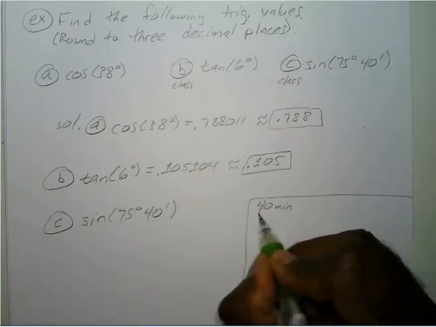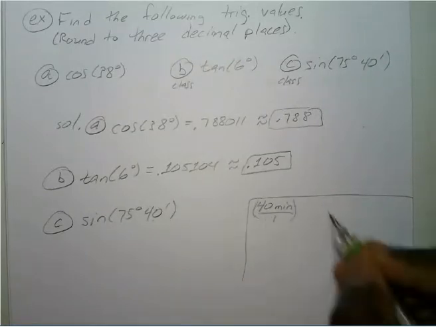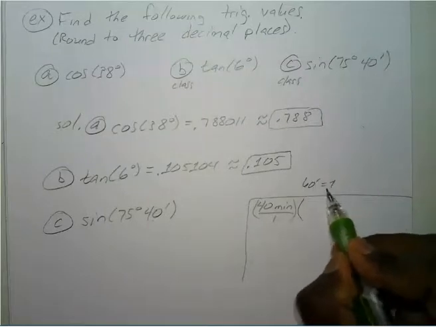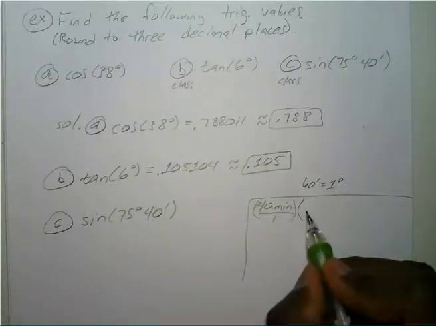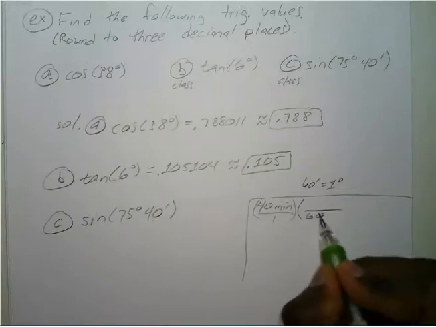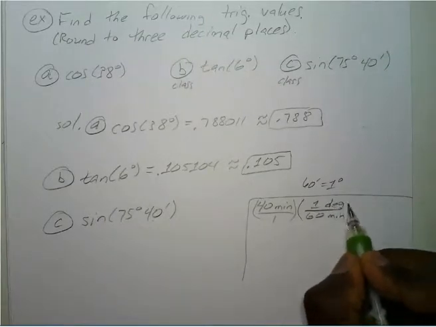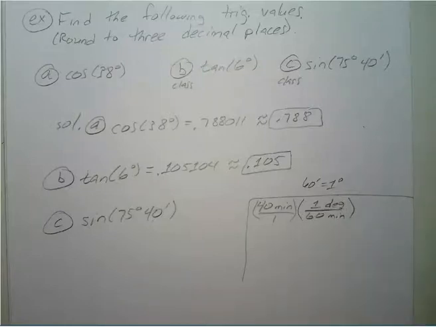We have 40 minutes over 1 times, remember, 60 minutes equals 1 degree. So 60 minutes equals 1 degree, and the minutes cancel out.